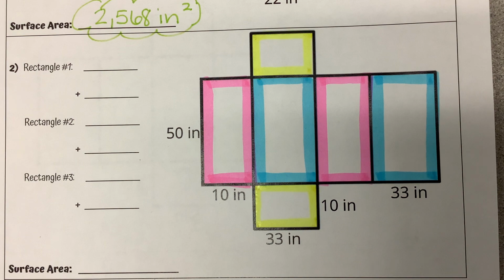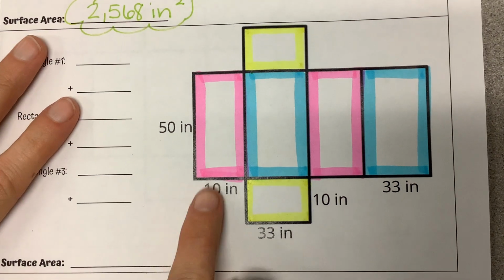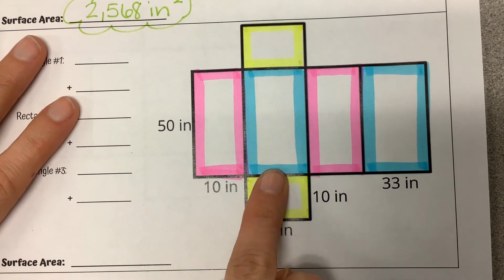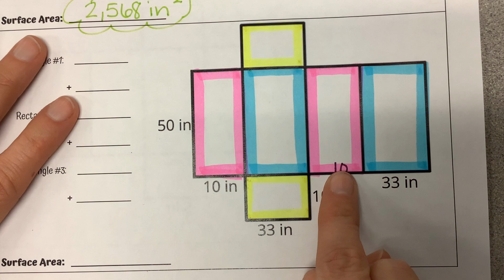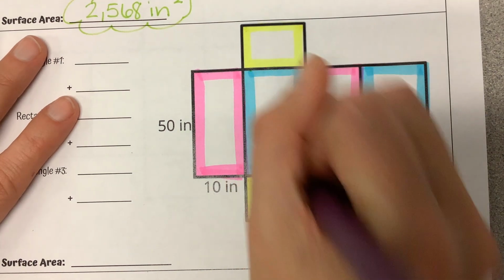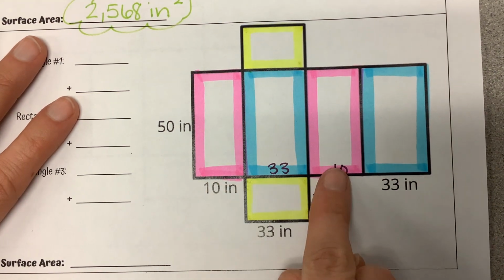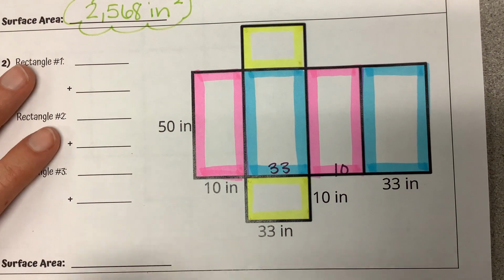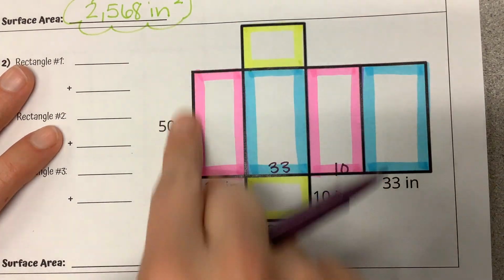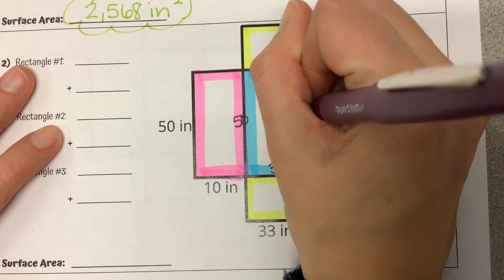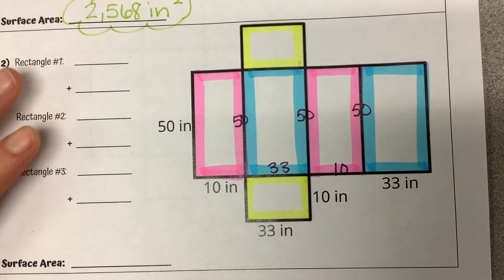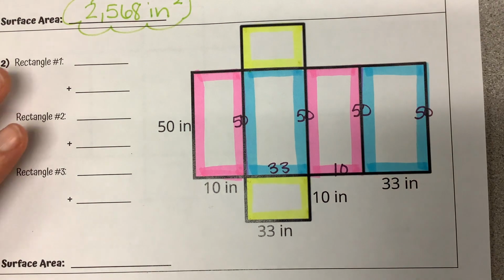So let's fill out those missing side lengths. If this is 10, it goes 10, not 10, 10, not 10. And reverse, if this is 33, 33, not 33, 33. So I'm alternating 10, 33, 10, 33. This height, if the height right here is 50, that means the height of all of these middle rectangles is 50.